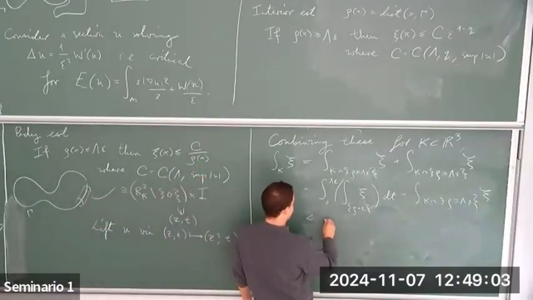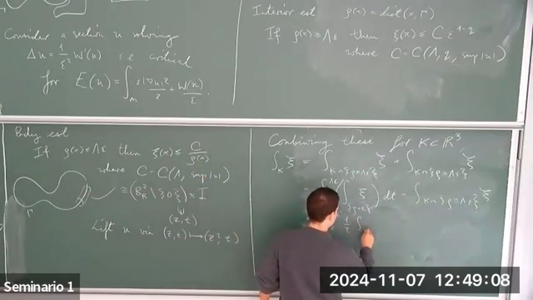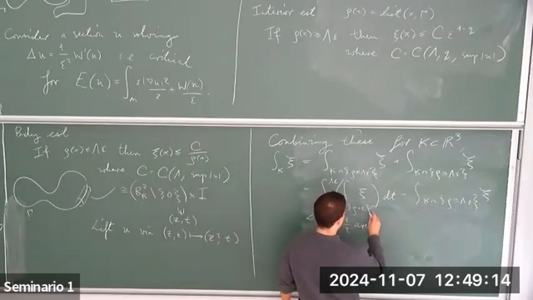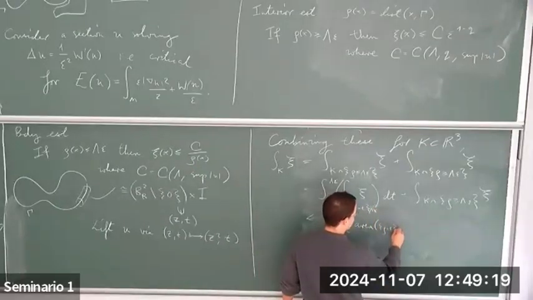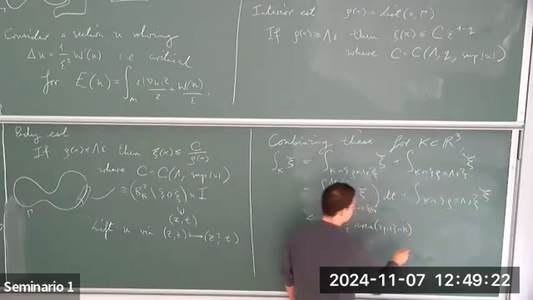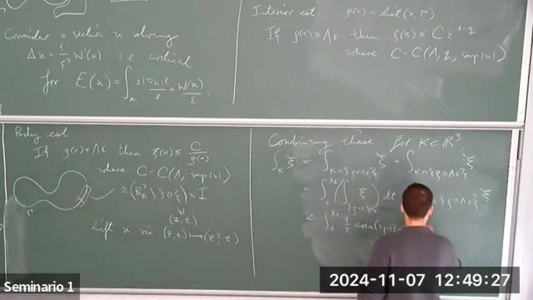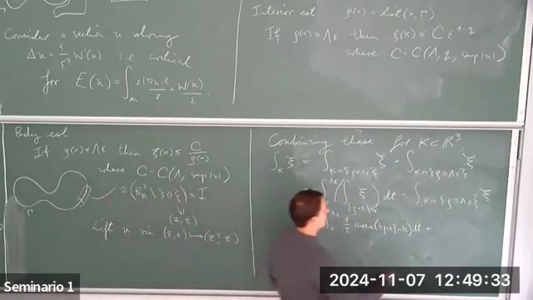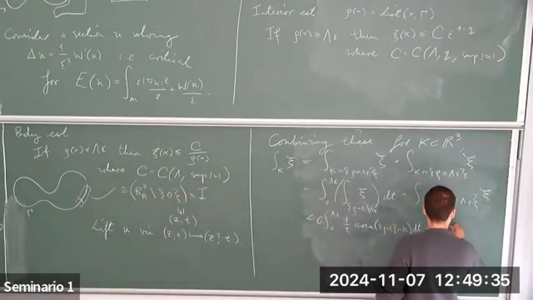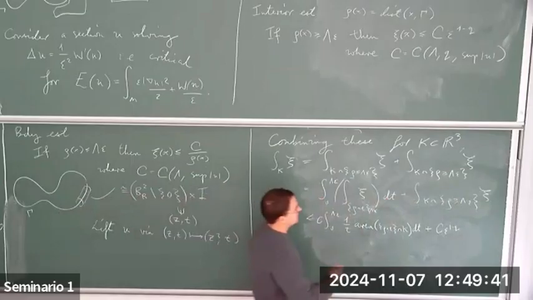So the first term I can bound by, this is the area of the cylinder where rho is equal to t, intersected with K, with a constant C. And here, just bound this by C times epsilon to the 1 minus q.